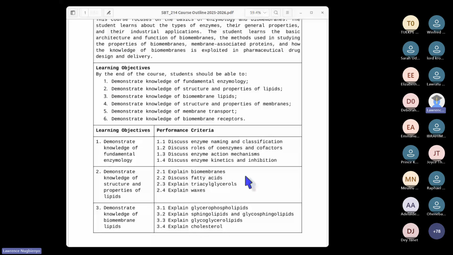Perhaps there will be certain things that you didn't cover. It's important that you understand that very well before we move on and start to look at the structure of lipids, and then the structure of biomembranes.